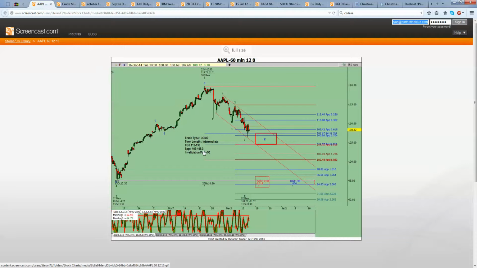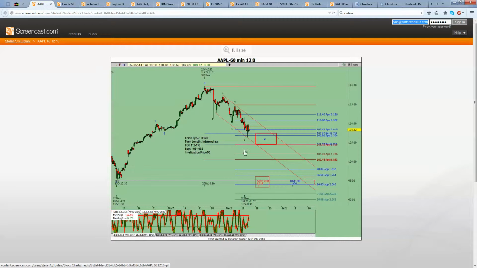Support is 103, 105. So if we break 103 to 105, then that's basically where we want to put on this trade. So 103, 105 in here. Invalidation price is 90. So if it goes below 90, then that would be like a real stop loss, get out of Dodge type thing.